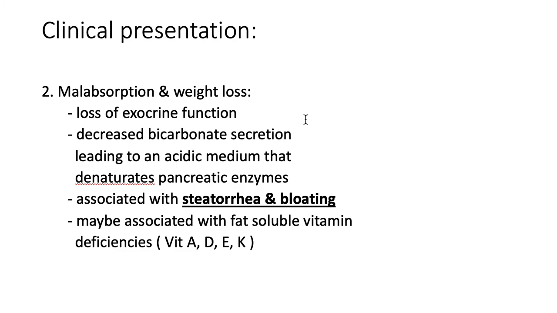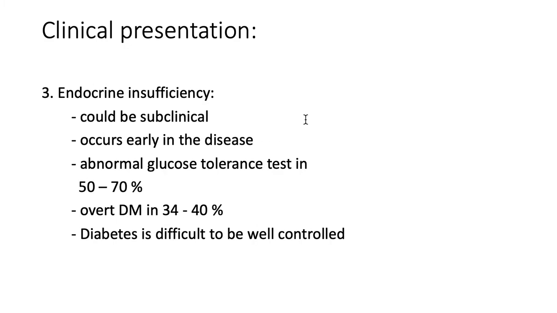And we have to replace these enzymes of the pancreas in order for the patient to recover from malnutrition. And also there is endocrine insufficiency. The pancreas is producing insulin, so patients will be developing diabetes mellitus, okay? And also, as we are replacing the enzymes, we are replacing insulin as well.